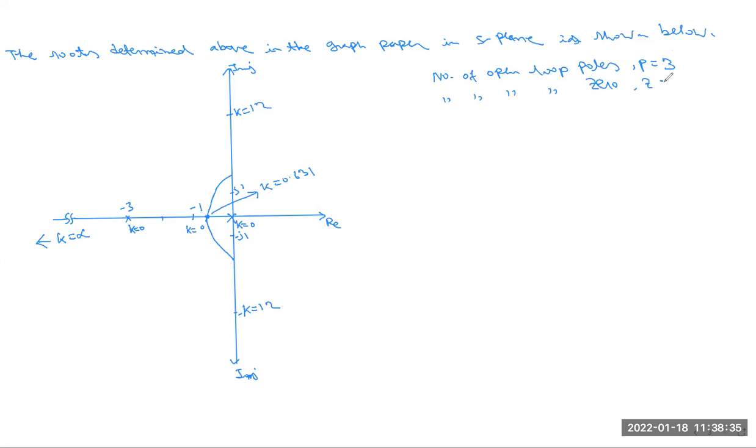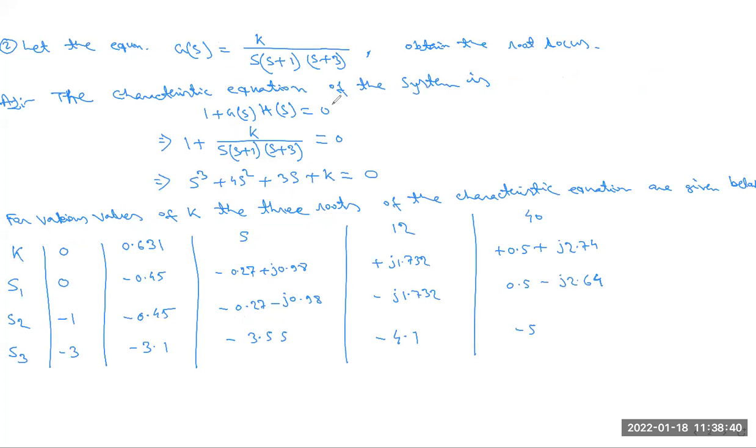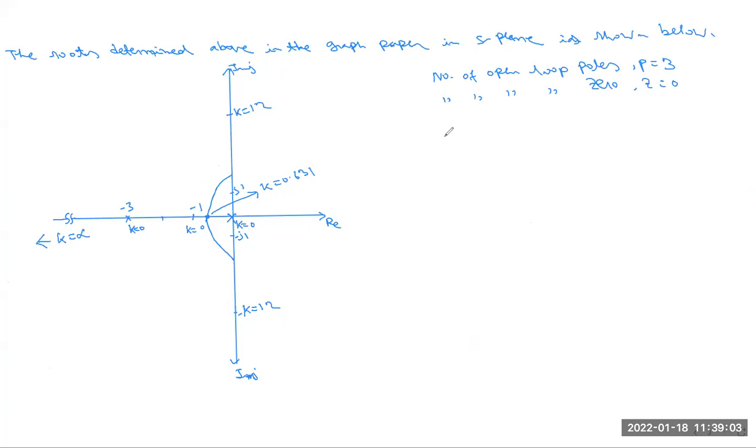That is Z equals 0. Because here you can see the equation: this is K, only K. So that means a zero part is not here. That's why Z equals 0. And here the highest order is third. So that means 3 poles: one is S equals 0, another is S equals -1, and S equals -3. Okay. Next, number of root locus.